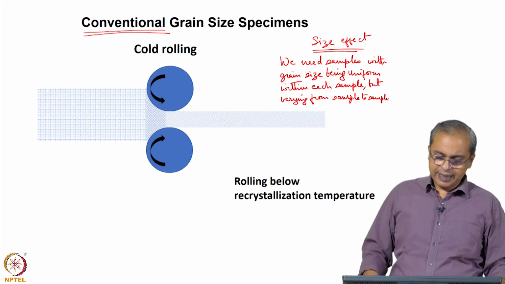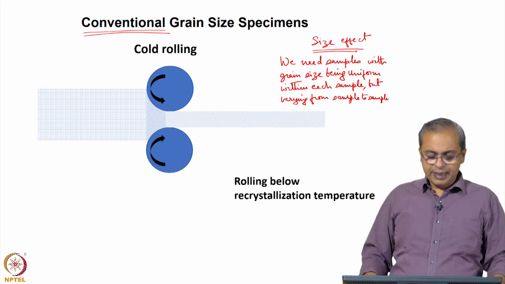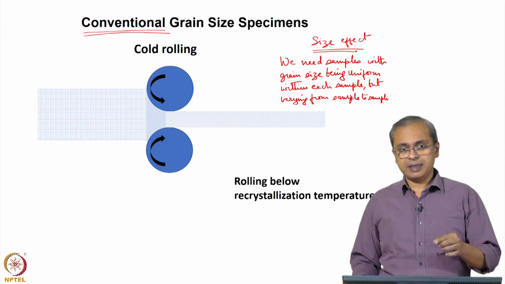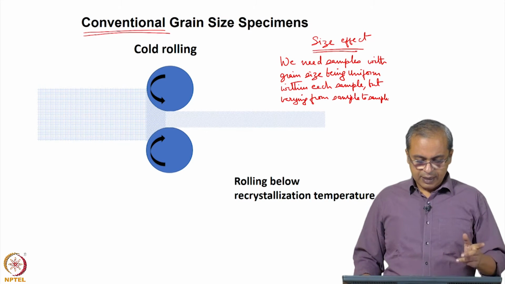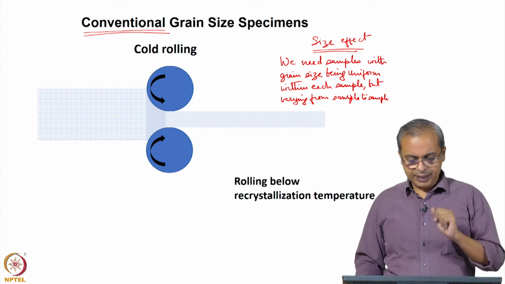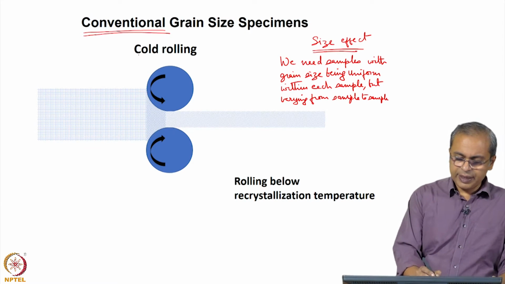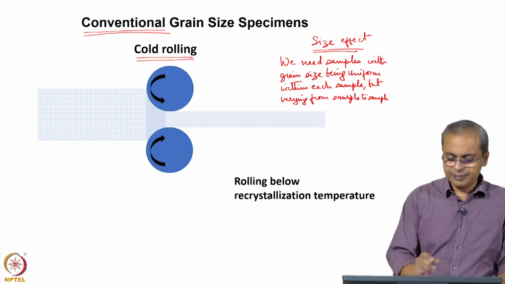So, for conventional grain size samples, given that we are looking at metallic systems in this kind of work, you could look at other conditions, but metallic systems is what we are interested in this case. Cold rolling is a good way of going about it.